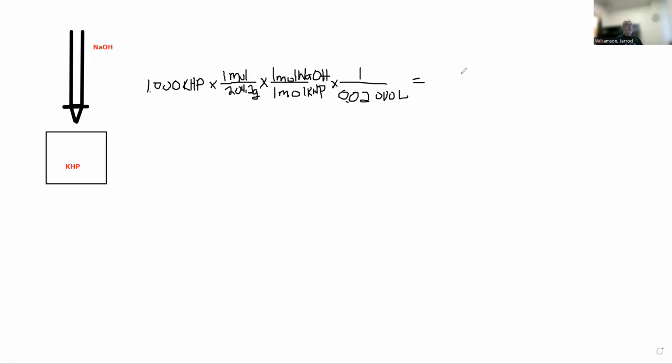That gives me, in this problem, a concentration of 0.2449 molarity sodium hydroxide. You should have had around 0.12 molar sodium hydroxide.